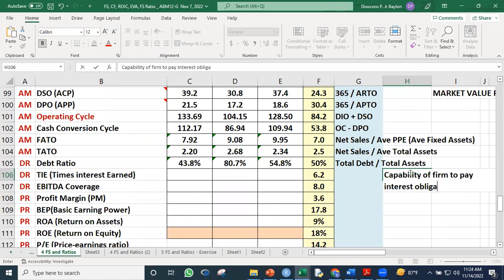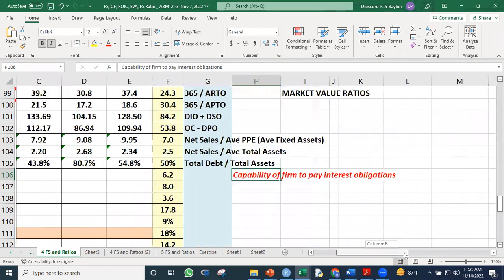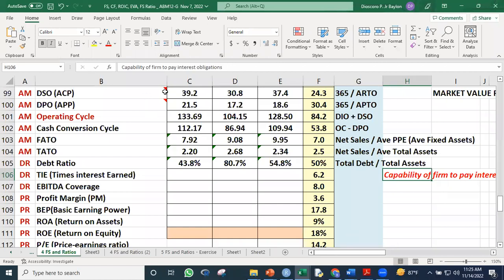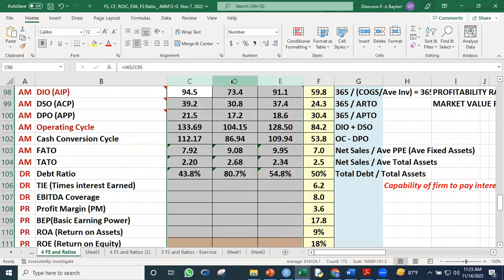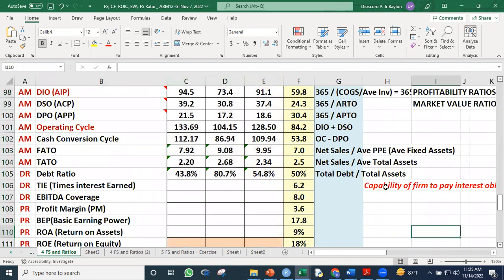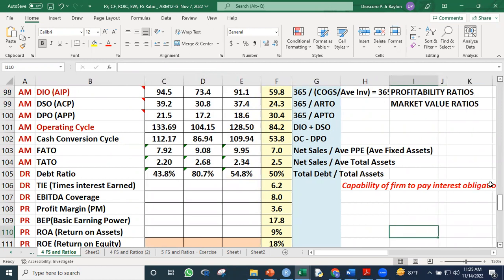Can the company pay its interest obligations? What they borrowed from the bank and other credit institutions, can they pay that? Because when they borrow, it incurs interest, right? The question is, can they pay for it?